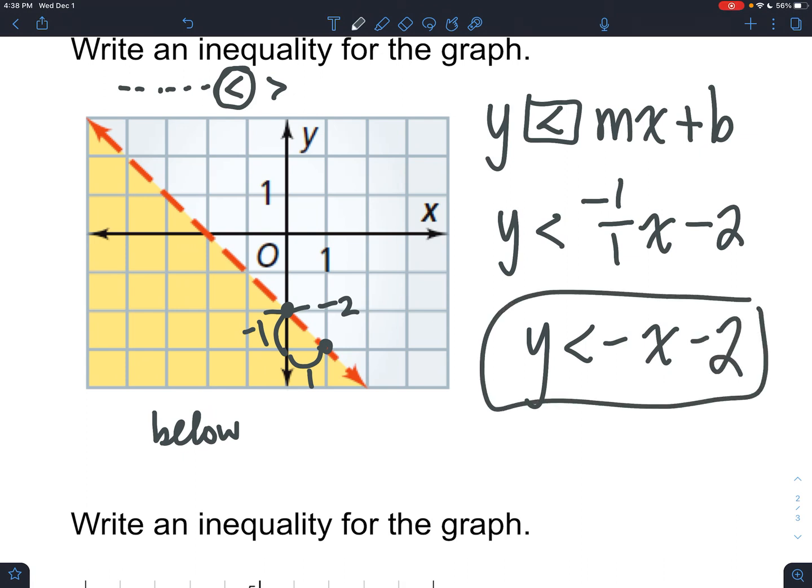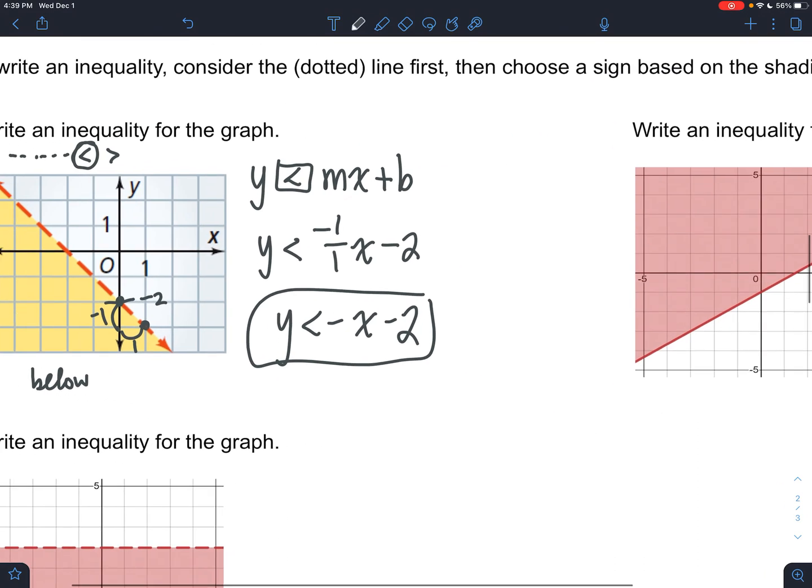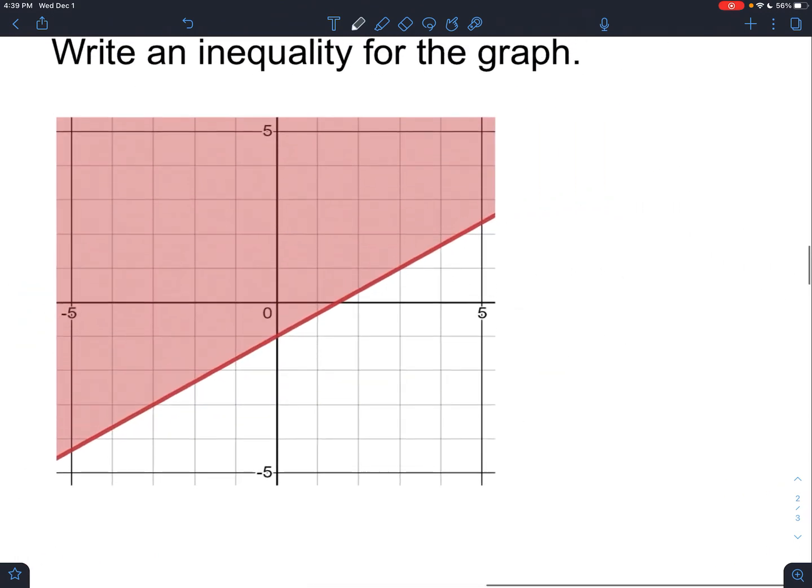So it looks like the answer is just this. So it's just like finding the equation of a line, same thing, but then you have those 2 things you got to worry about. Is it less than, greater than, and does it have an or equal to? Or in other words, where is it shaded, and is it a dotted or a solid line?